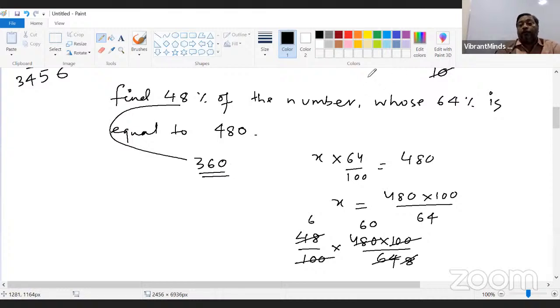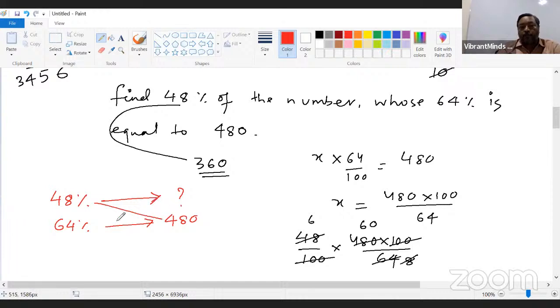Now a shortcut for this, please go through. This is just like 4 chocolates are worth rupees 480. So how much are the chocolates worth? This is called a direct variation question. So direct variation question, how do we do it? 48%. What is the value if 64% of this value is 480?